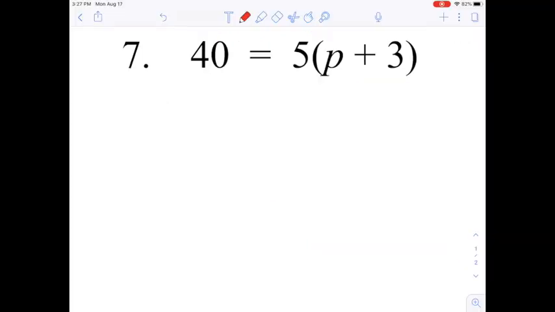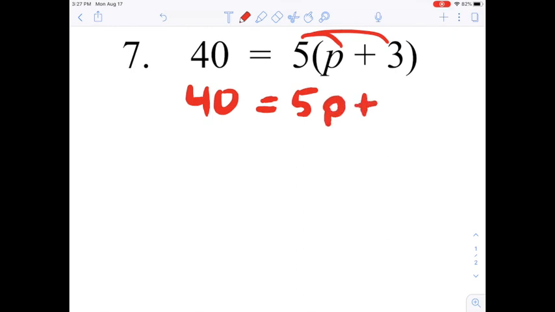So this problem is an interesting problem, number 7. We can do it in a couple of ways. I think the way that most of us would probably do it is start by distributing. So we'll get 40 equals 5p plus 15. So we're doing the same thing. We're simplifying both sides, starting off by distributing on that right side.